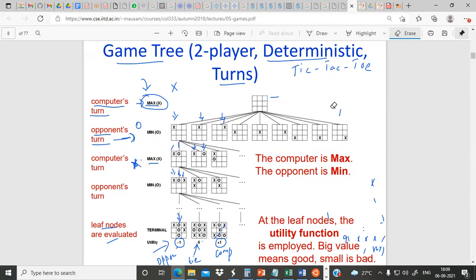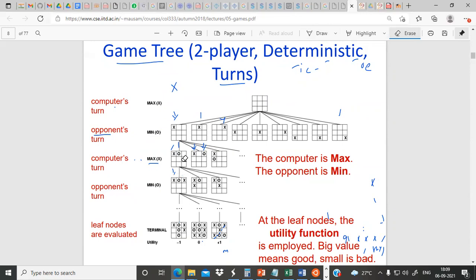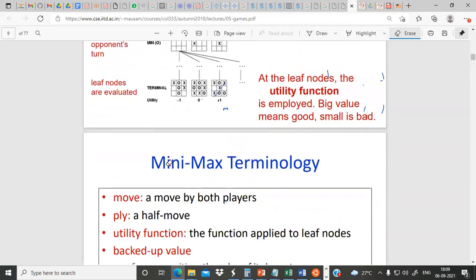Generally it is not deterministic because the state space is large, but we are taking this deterministic example to understand how game playing, or adversarial search, works.